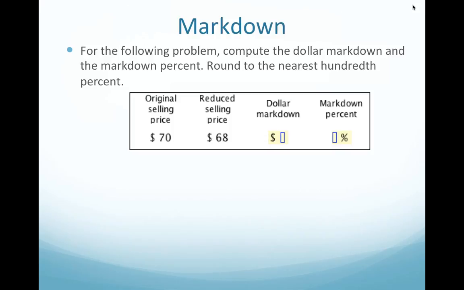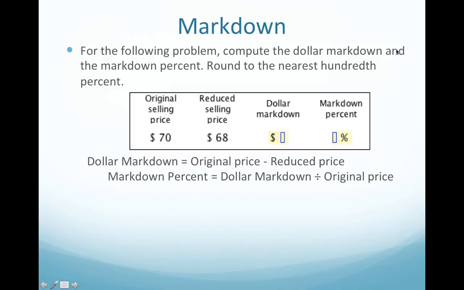Okay, with a 2.86%. Okay, $2 for Jared. Yeah, the markdown is going to be subtraction. So we'll just take the original price, subtract the reduced selling price, and that'll give us $2 for the markdown. So the price is going down by $2.